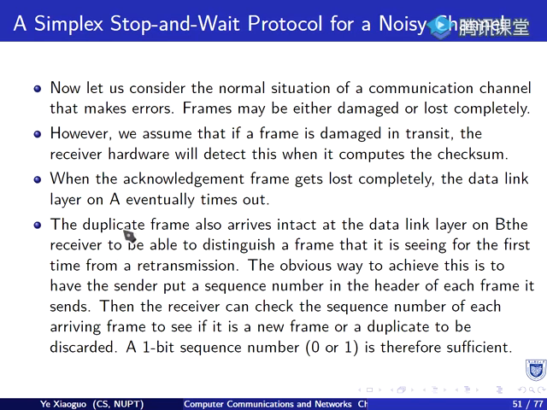So the duplicate frame also arrives intact at the data link layer on machine B, the receiver.